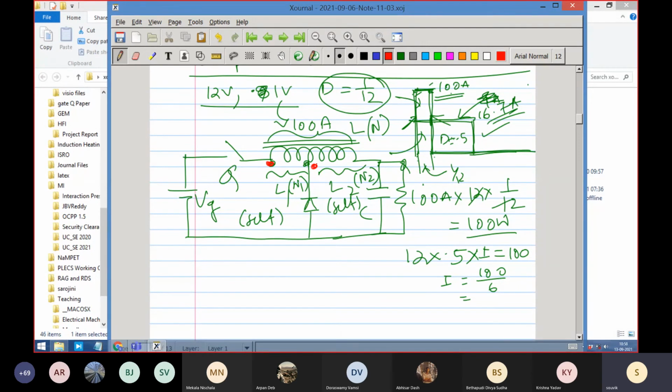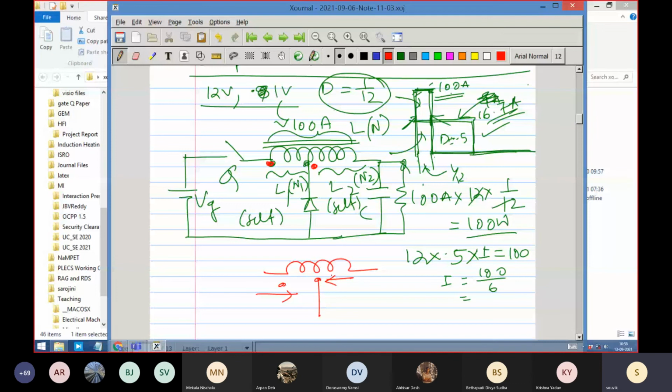Otherwise, suppose one coil is there, there is a dot here, and there is a dot here. One current is going like this, and since there is a tap, it is possible the other current is going like this. So these fluxes are now somewhat cancelled, because this current is entering the dot and here it is leaving the dot.